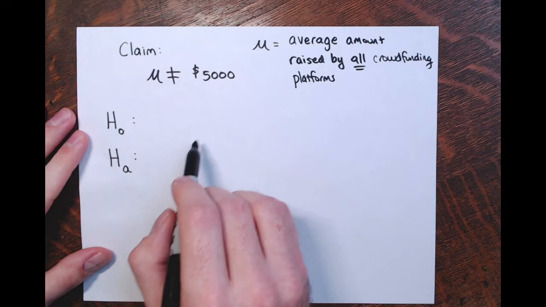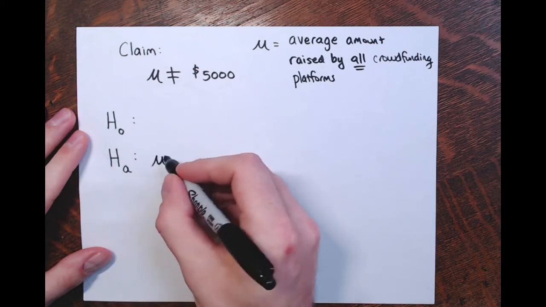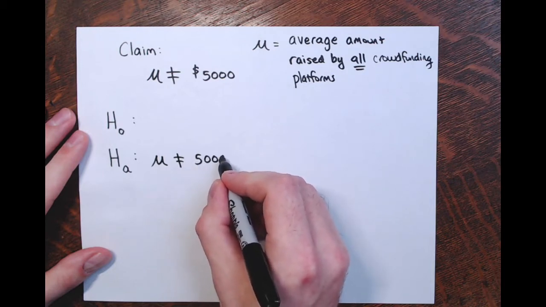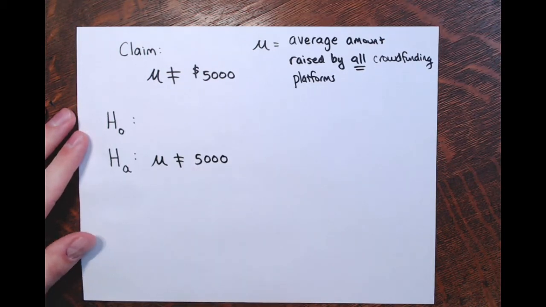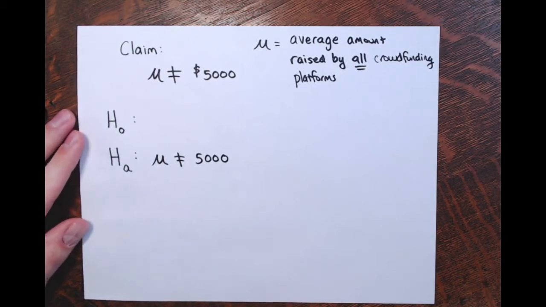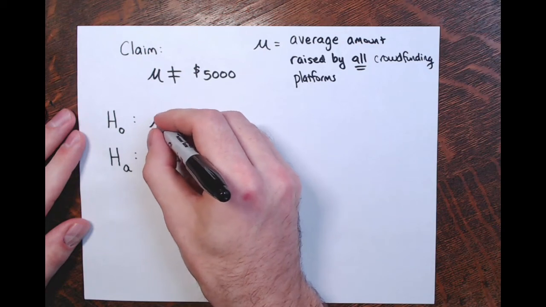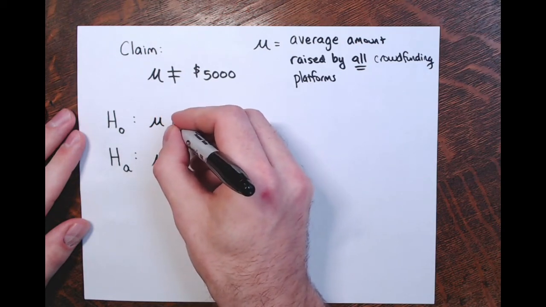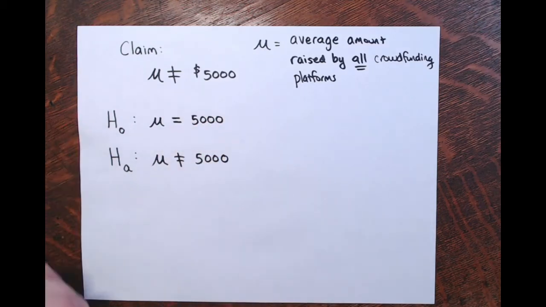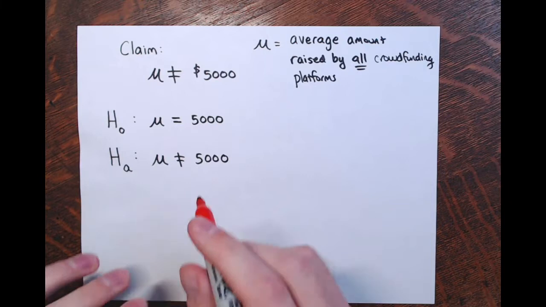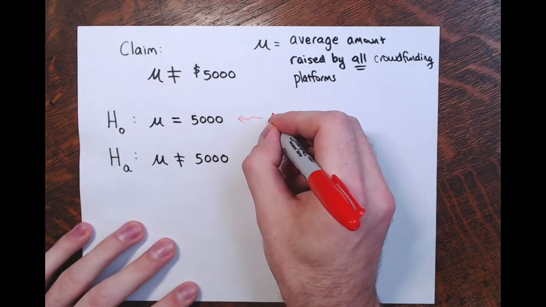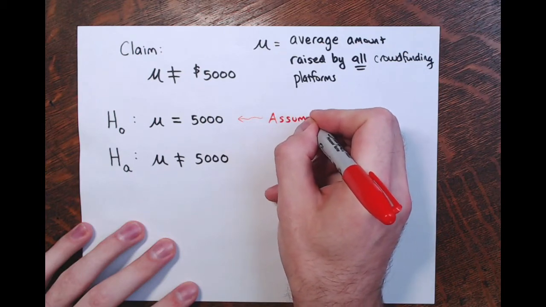This is not equals, so that's going to be represented by the alternative hypothesis. I'll just stop writing the dollar sign. So the alternative hypothesis is that the mean amount raised is not $5,000. And then the opposite of that is the null hypothesis: the mean amount raised is $5,000. Again, this null hypothesis is what we're going to be assuming is true.